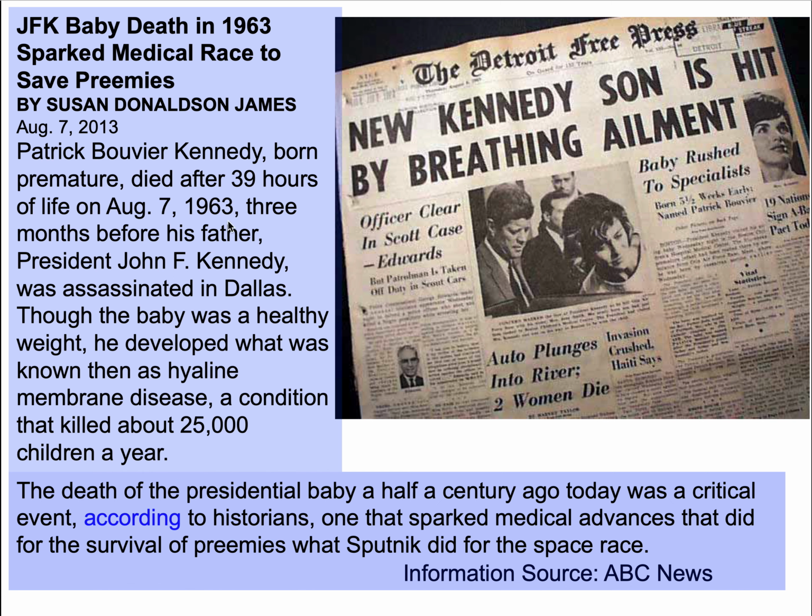So just 3 months later, poor Jackie Kennedy has not only lost a baby, but lost her husband. So the death of the presidential baby, now 59 years ago, was a critical event. And here they're saying, according to historians, it was the stimulus, the spark that got some things going in medicine for premature babies, just like the launch of the Sputnik satellite by the Russians promoted our space race.